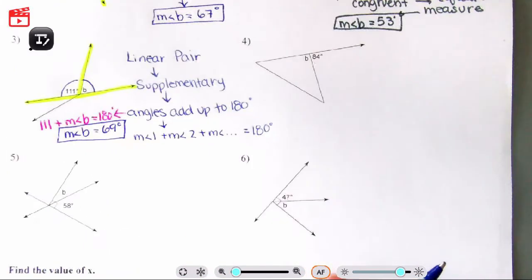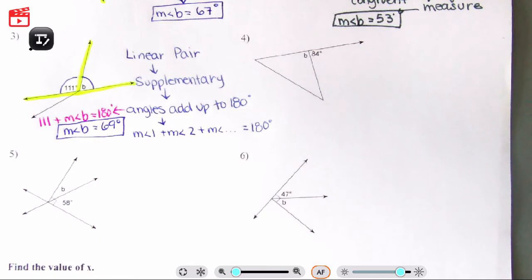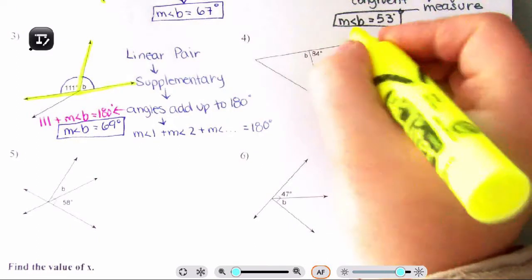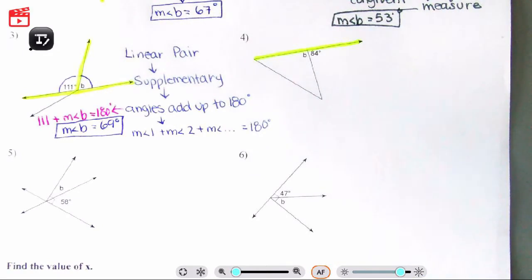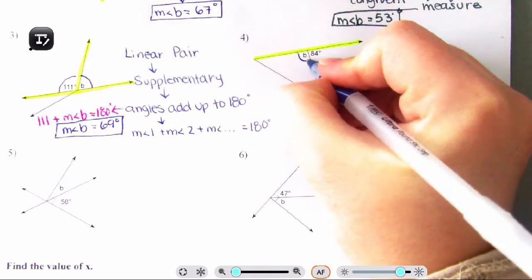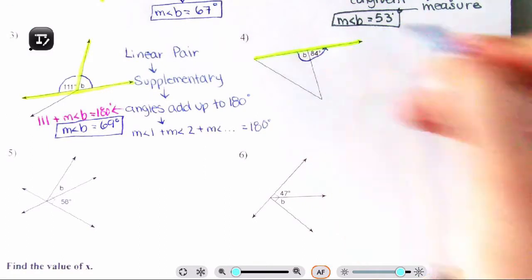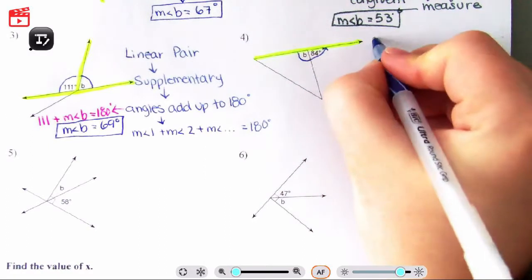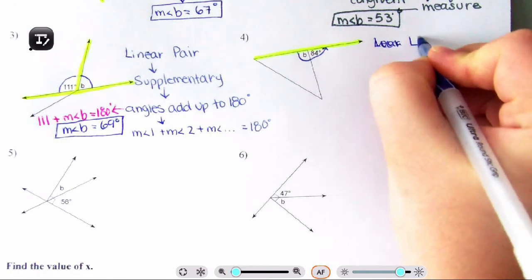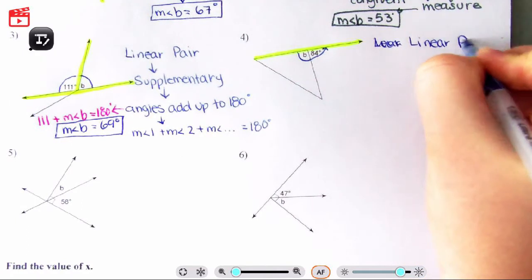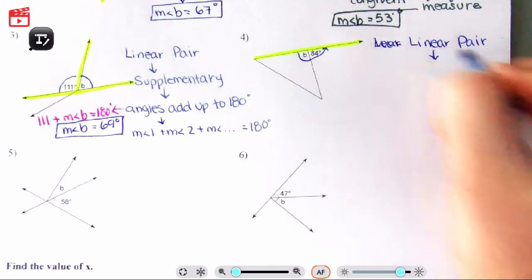All right, let's do another one. Number 4, what do we have? Again, let's look at what we have. These two angles are on a line, so once again we have a linear pair. We have angle B and angle 84 that form a line. And what does it mean to be a linear pair?